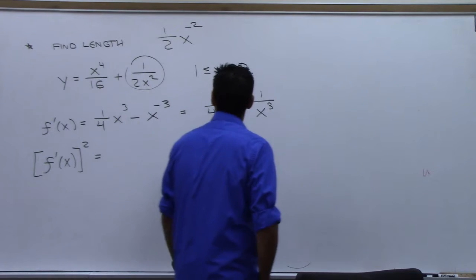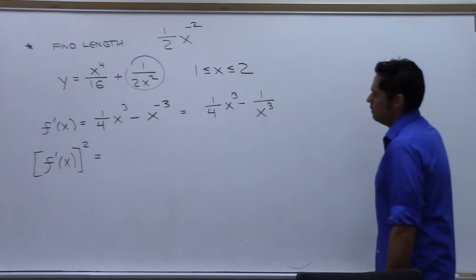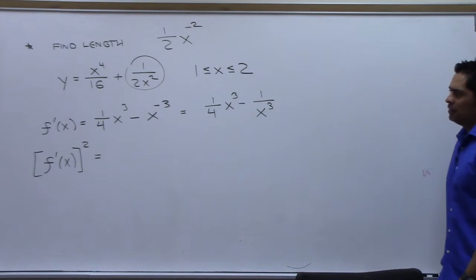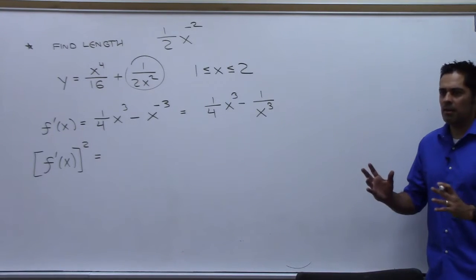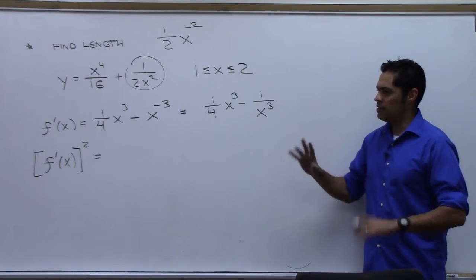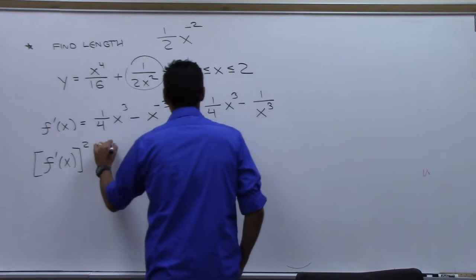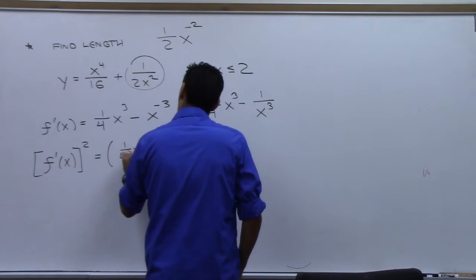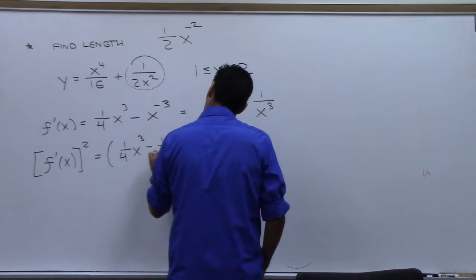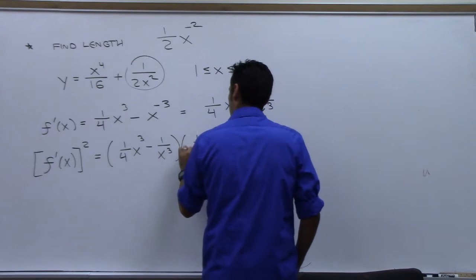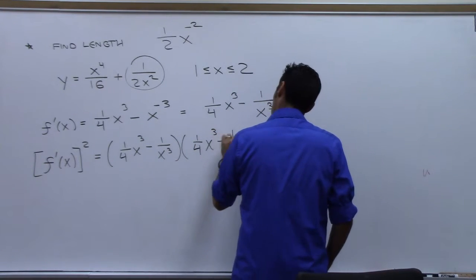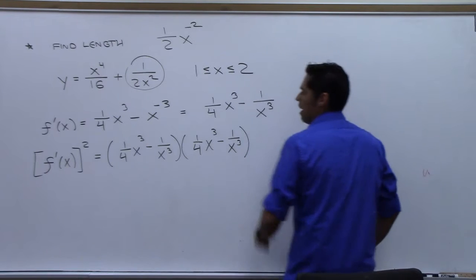How do you want to square that? You have to FOIL it out. You have to expand it, right? You don't just square each term. That's a big, big, big bad thing.